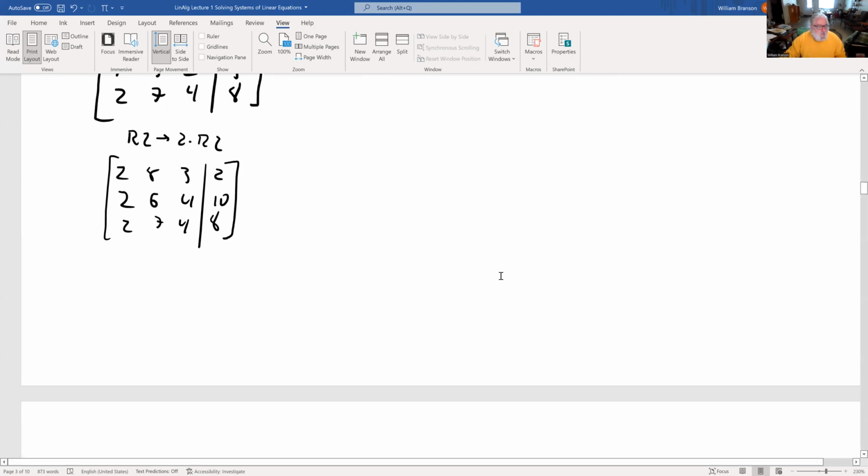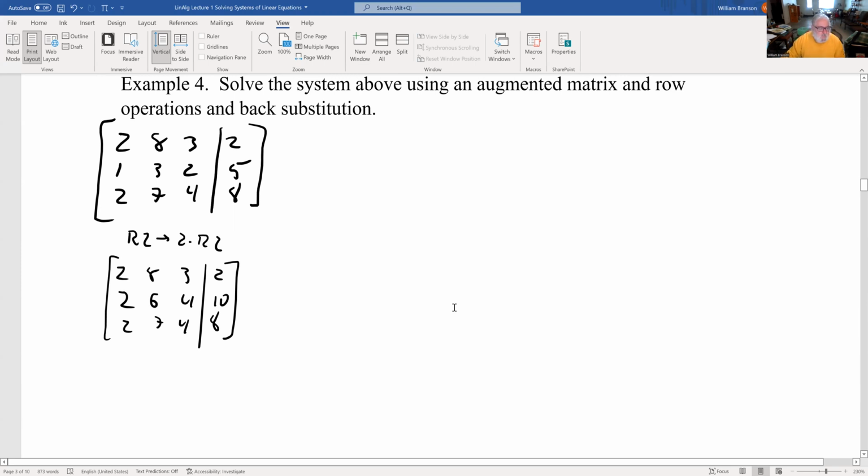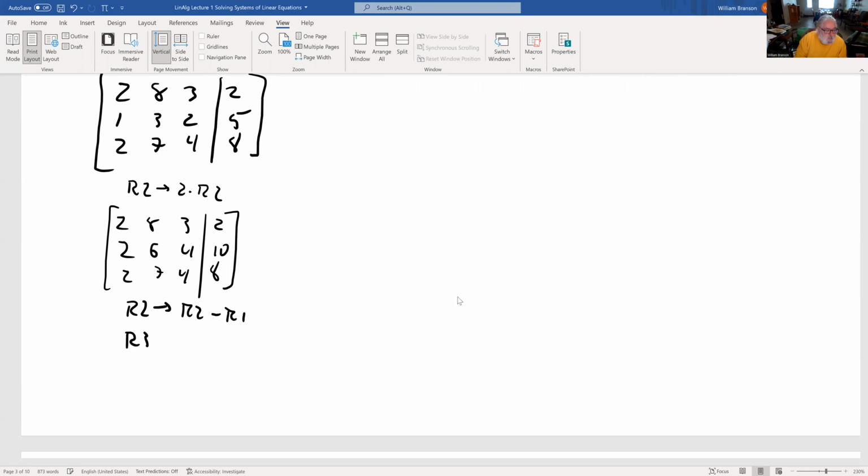Now we've got all 2s in the first column. We can replace row 2 by row 2 minus row 1, and row 3 by row 3 minus row 1. The idea is to get rid of these 2s.